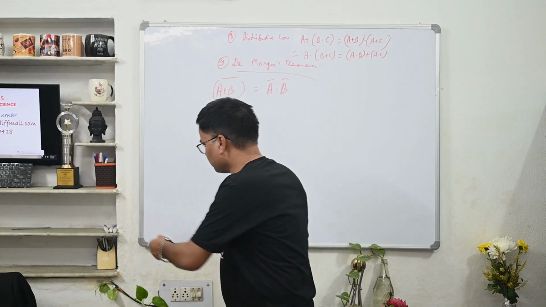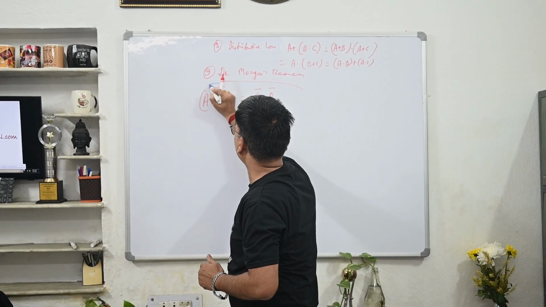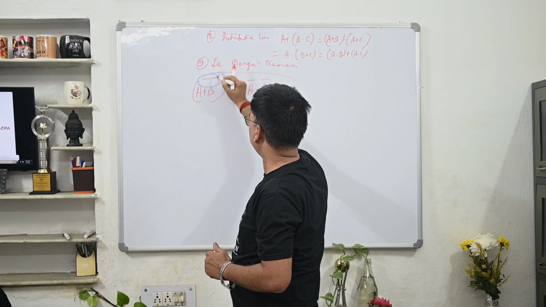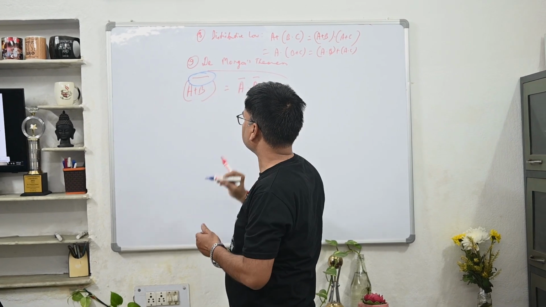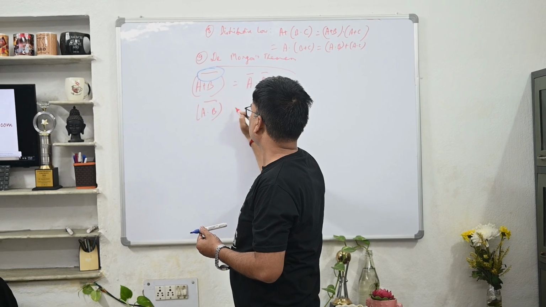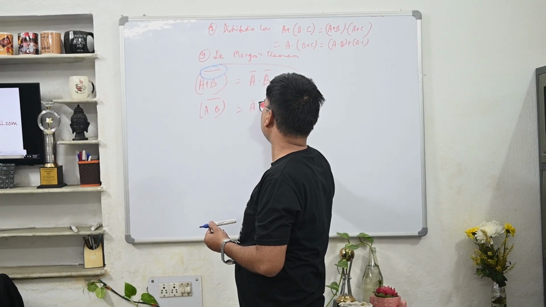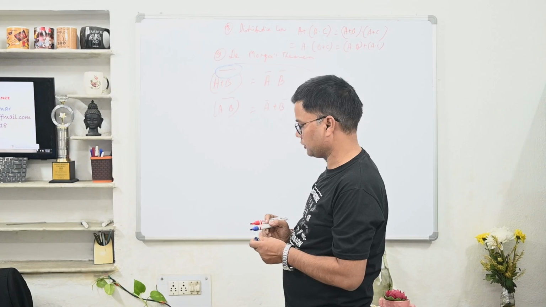In normal language, we are breaking up this bar and changing the sign. I broke the bar, I changed the sign. Like the other one, A dot B bar is equal to A bar plus B bar. So this is the second De Morgan's theorem.